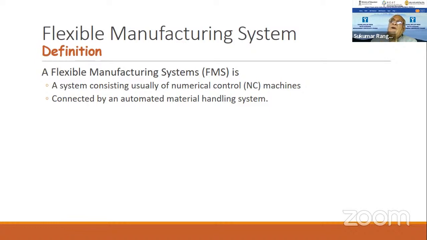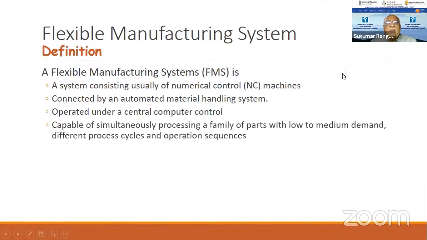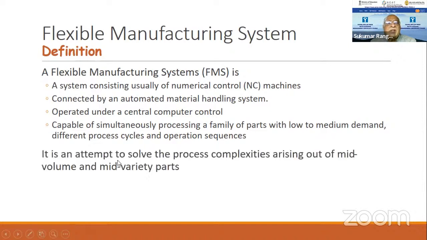That is what you call robotic handling, operated under a central computer control, a program capable of simultaneously processing a family of parts with different process cycles and operating sequences. It is an attempt to solve the process complexities arising out of mid-volume and mid-variety parts.